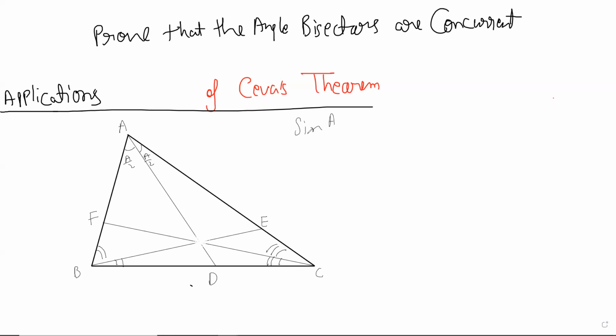So let's write this clearly. We need to show that the angle bisectors are concurrent. By Ceva's theorem, we need to show that sine A by 2 by sine A by 2, because this is what alpha and beta become, times sine B by 2 by sine B by 2 and so on equals 1.